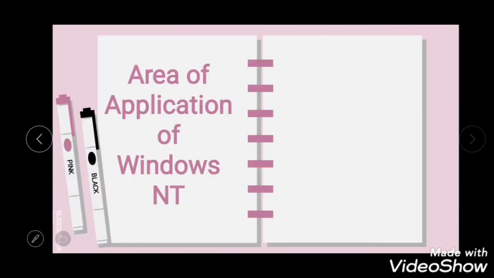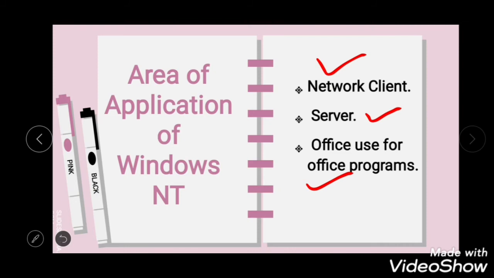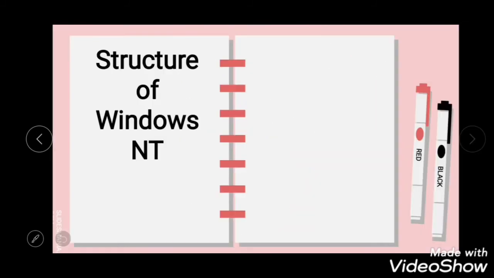Then the area of application of Windows NT. First it works well for the network client, then as server, and for office use for office program purposes. Move to the structure of Windows NT.